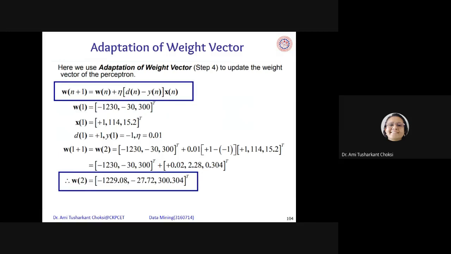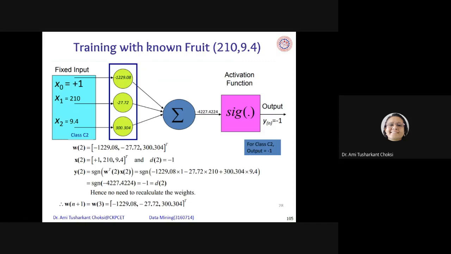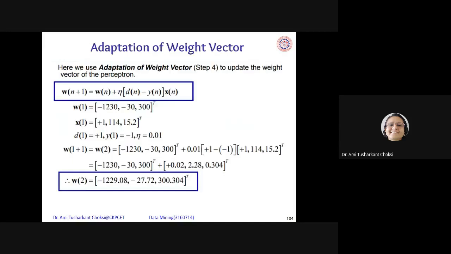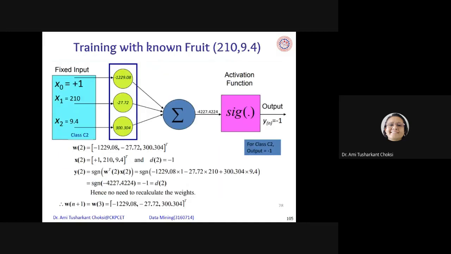The adapted weight vector, whatever the values are, we need to put them here: minus 1229.08, negative 27.72, and 300.304. What we have calculated here, that's what we are putting in the next level figure. Fine.